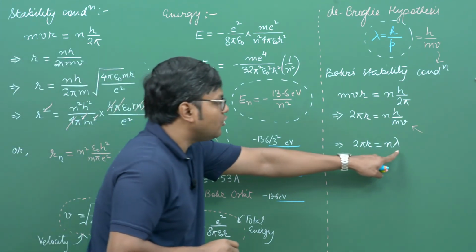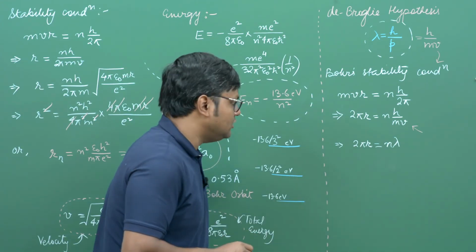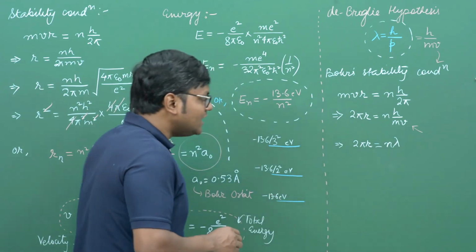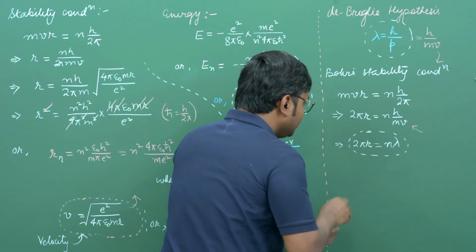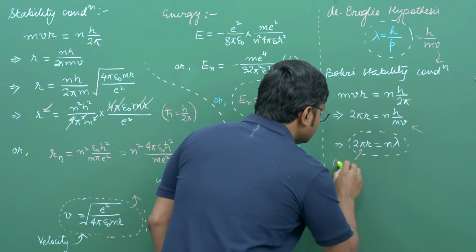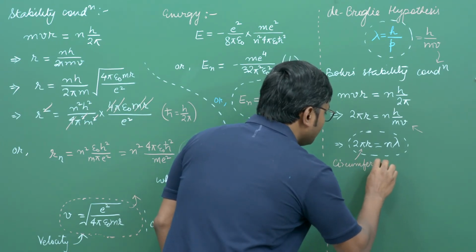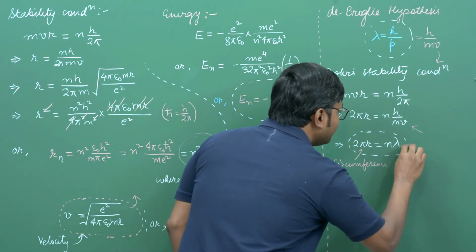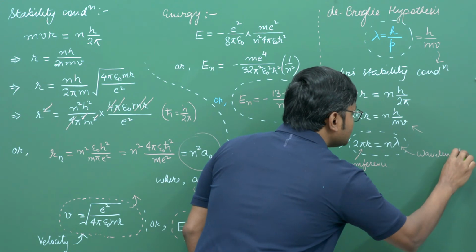Lambda is the wavelength corresponding to the electron's motion around the nucleus in the orbit. And 2 pi r is the circumference of the electron orbit, and lambda is the wavelength of the matter wave associated with the electron.